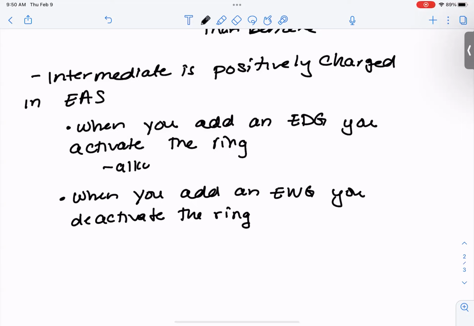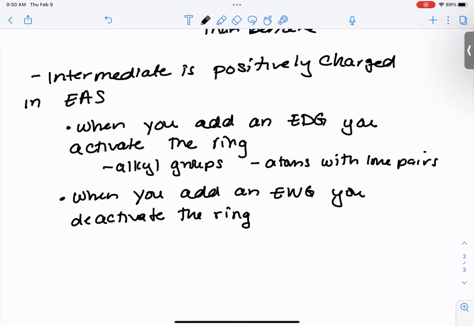You have your alkyl groups, and then you are going to have your atoms with lone pairs. And so you're looking at oxygen and nitrogen and sulfur.